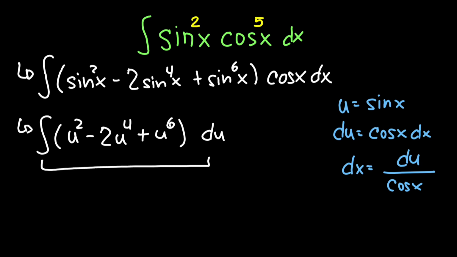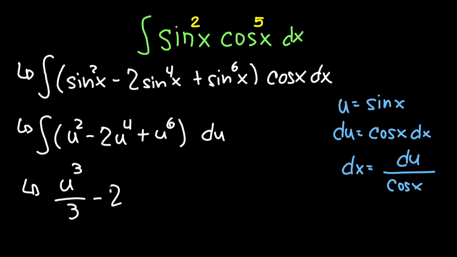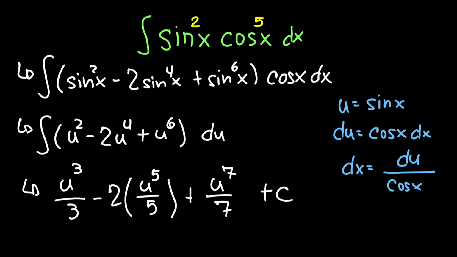And now we have this simple equation. We can integrate this one by one via power rule. First up, the integral of u squared would be u to the power of 3 over 3 minus 2 multiplied by the integral of u to the power of 4, which would be u to the power of 5 over 5, plus the integral of this one, which would be u to the power of 7 over 7, plus c.